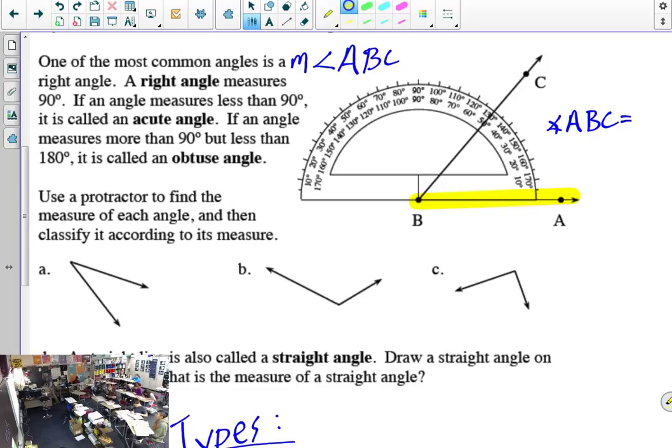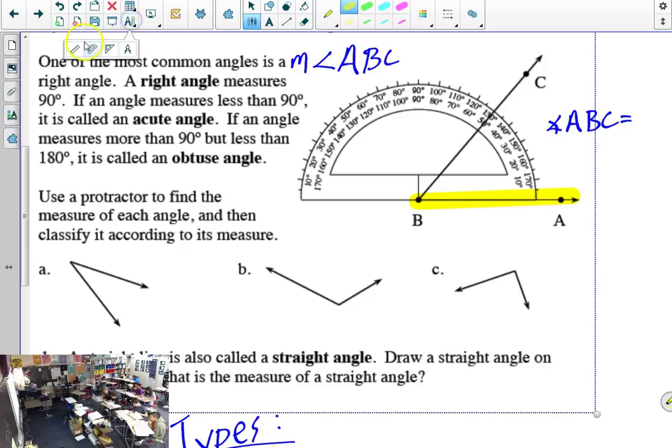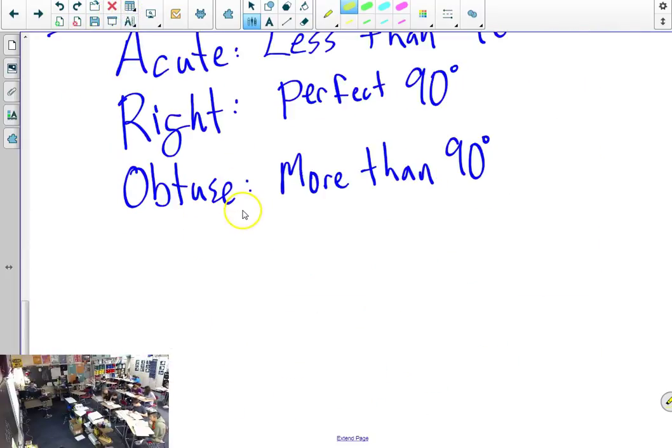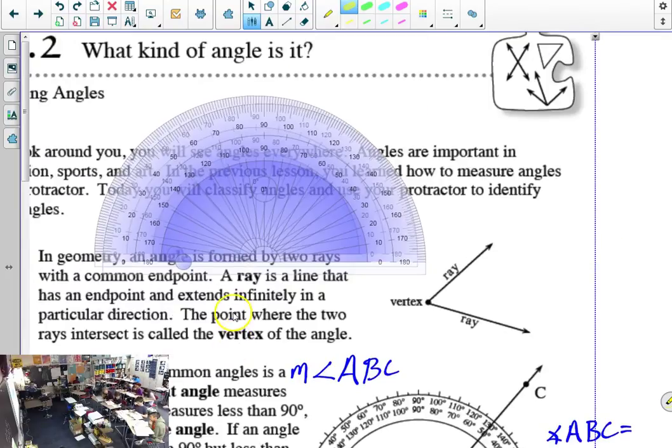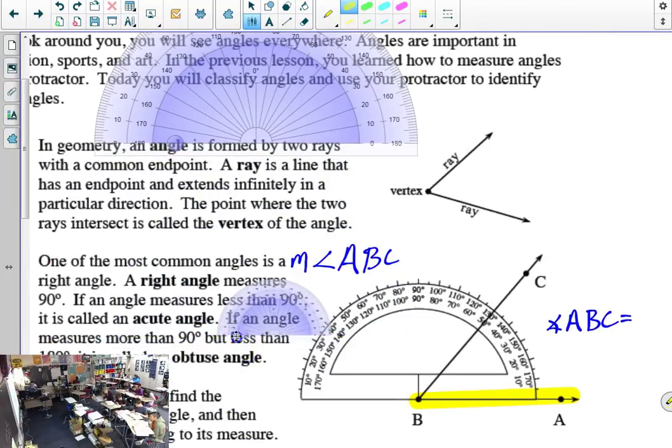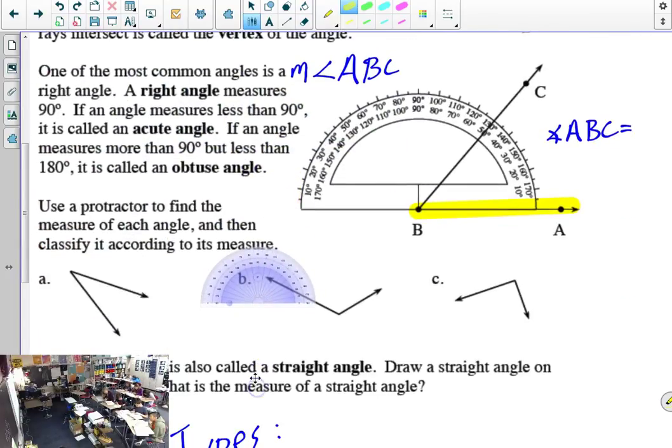Give me just a second. I'm going to pull the protractor up on here. All right.